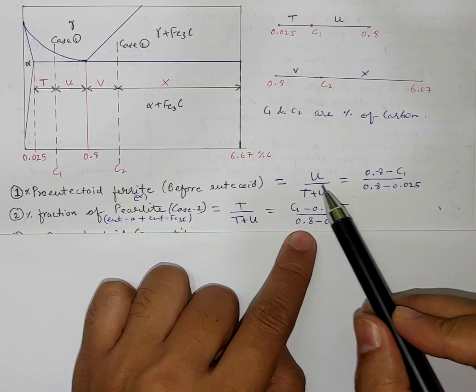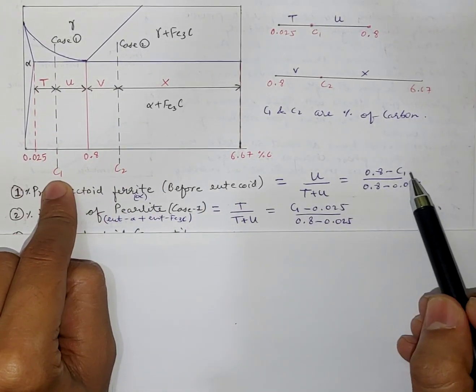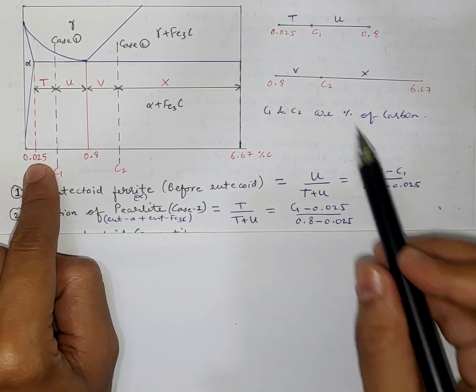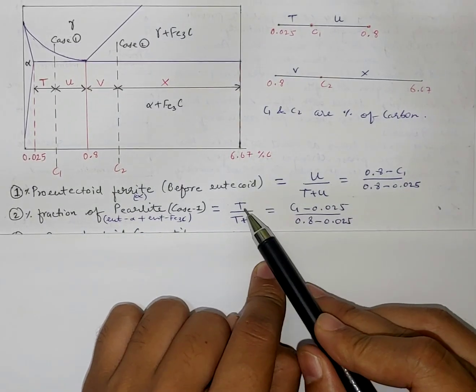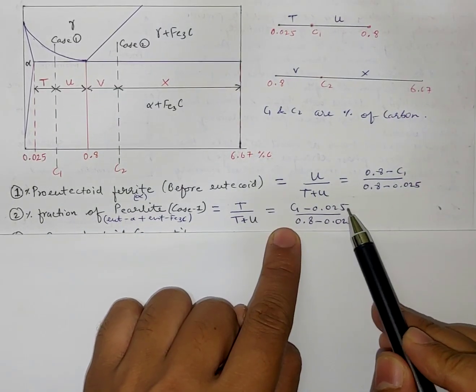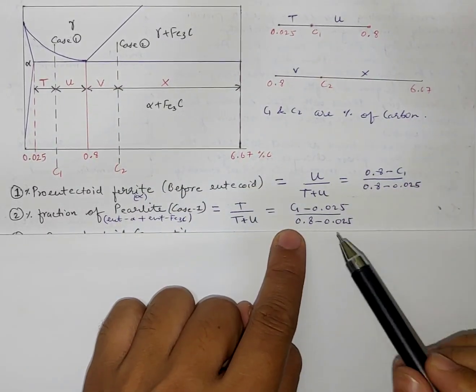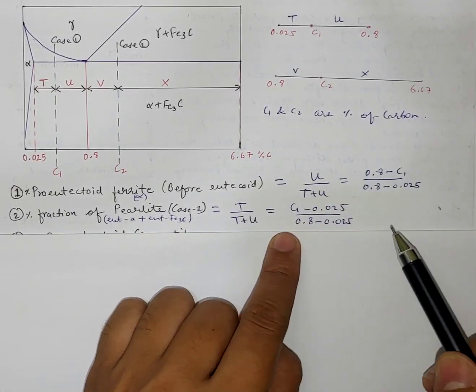We have to calculate U. So the U distance is 0.8 minus C1, where C1 can be given in the question, upon the total length 0.8 minus 0.025. Similarly we can calculate the distance T as C1 minus 0.025, divided by the total length, which is 0.8 minus 0.025.